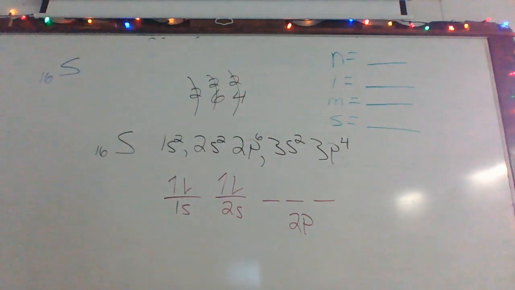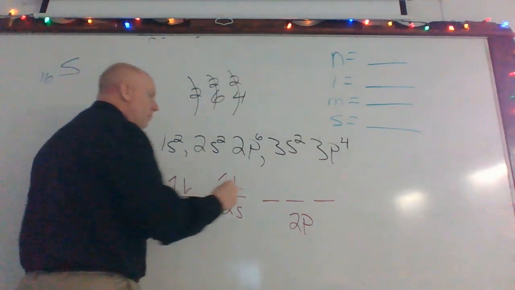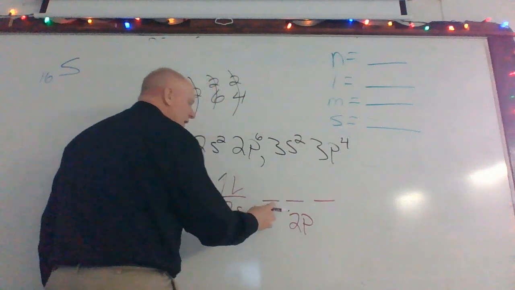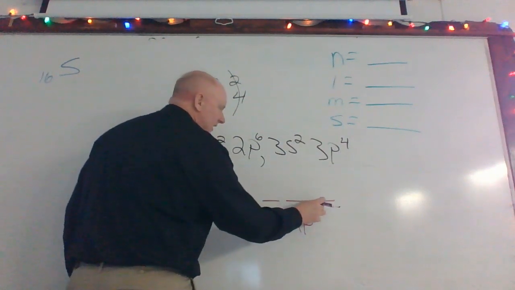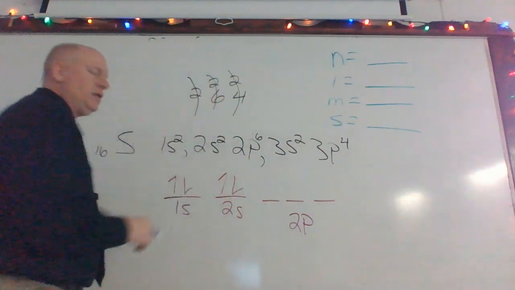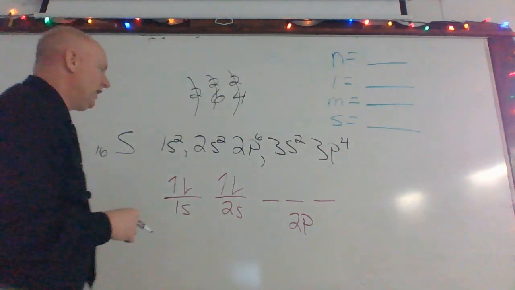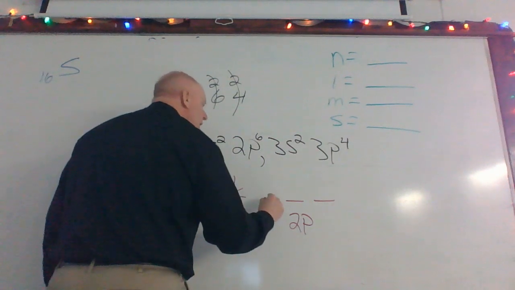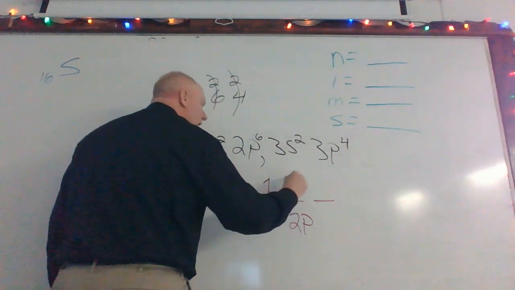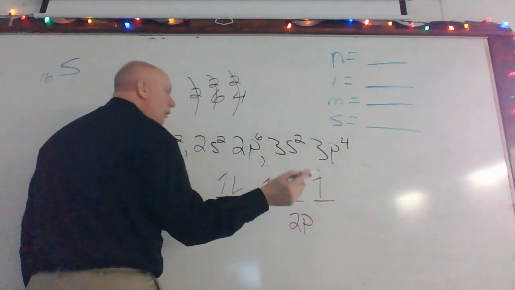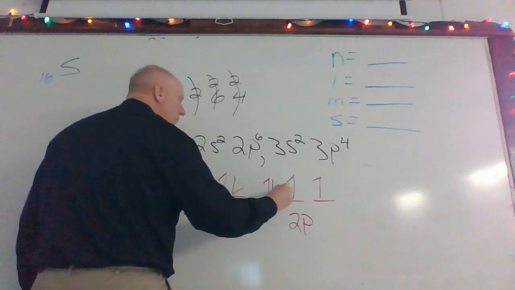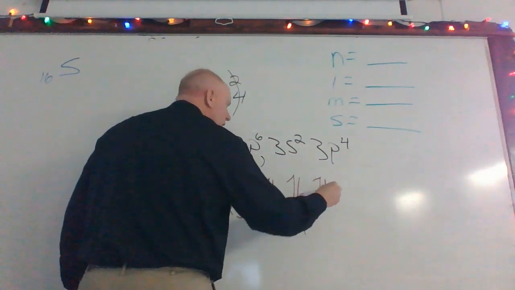And this is what we like to say we follow the bus seat rule, that these are empty bus seats, and these arrows pointing up and down are occupants that fill up the bus seats, okay? So each seat is going to fill up with an electron first, then we go back and start pairing them up. We knew we were going to put 6 in there, and there they are.